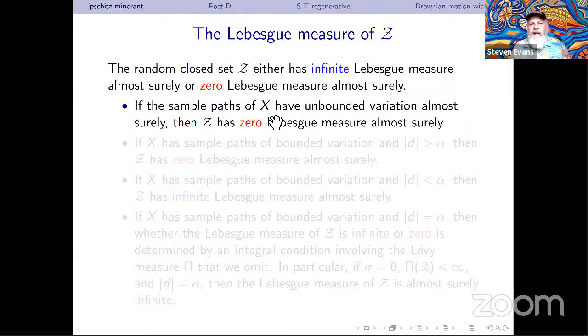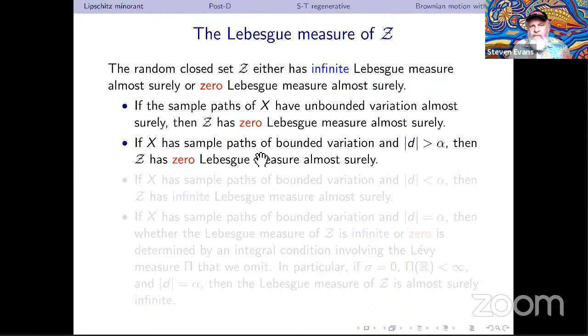If the sample paths of X have unbounded variation, almost surely, then Z has 0 Lebesgue measure, almost surely. So a heuristic is that the rougher the paths of X are, the more spread out the contact set is.